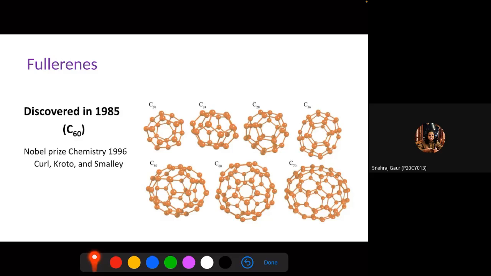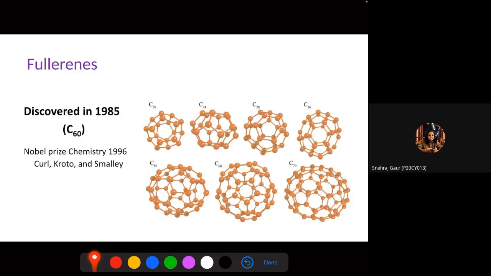So you can have this closed zero-dimensional object with 20 atoms or 50 atoms or 60, or you can even go to higher numbers, like 70 or 80. They still belong to the fullerene class, zero-dimensional carbon structures.